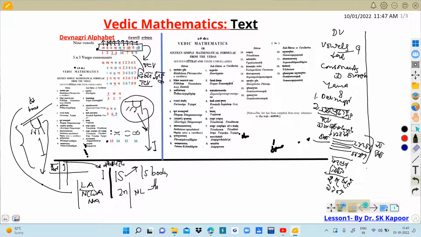I am making it clear that when we have to enter the Vedic mathematics domain of ganita sutras, whose text is in Devnagri script, then we have to begin with the Devnagri alphabet itself.